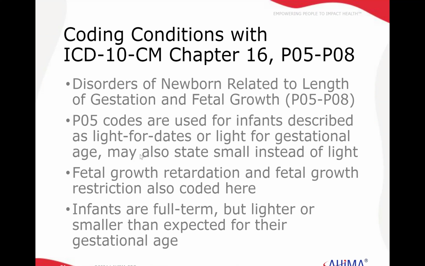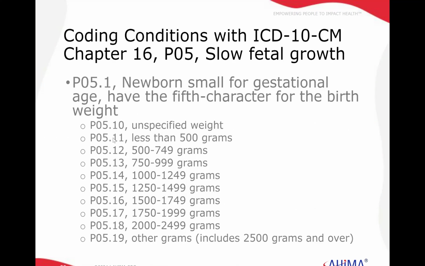Fetal growth is that they went full term, but for whatever reason, they're lighter and smaller than expected for their gestational age. And again, we have specific carve outs, as you can see here, right? So, really important to look at the record and make sure that we get the right code assigned based on the weight.